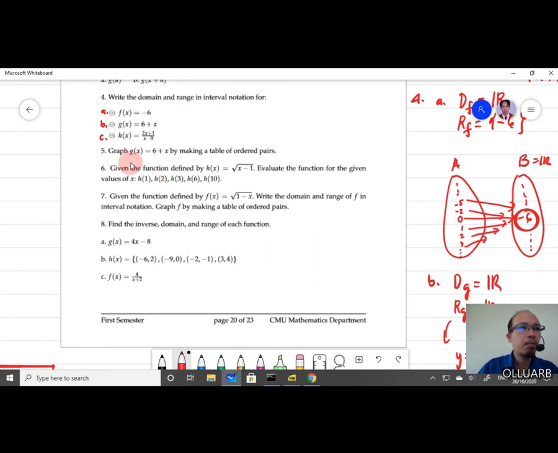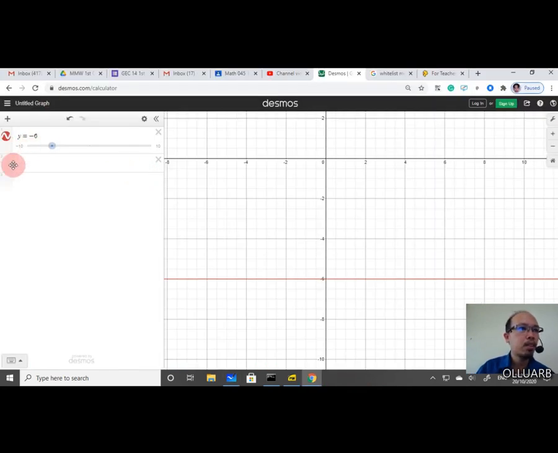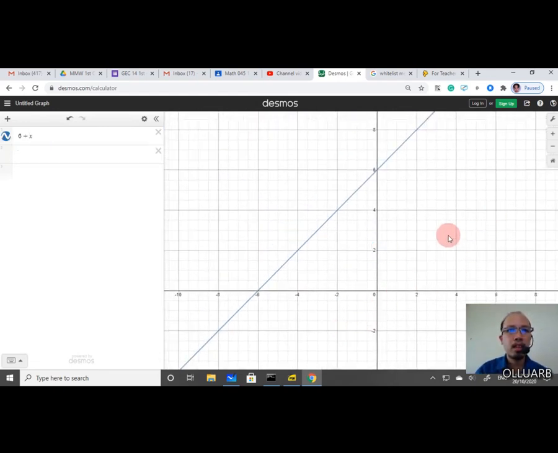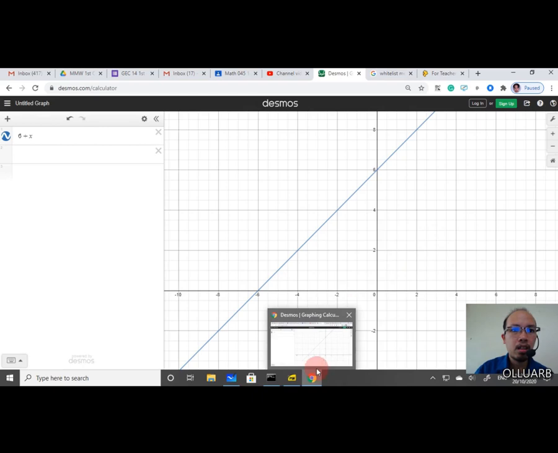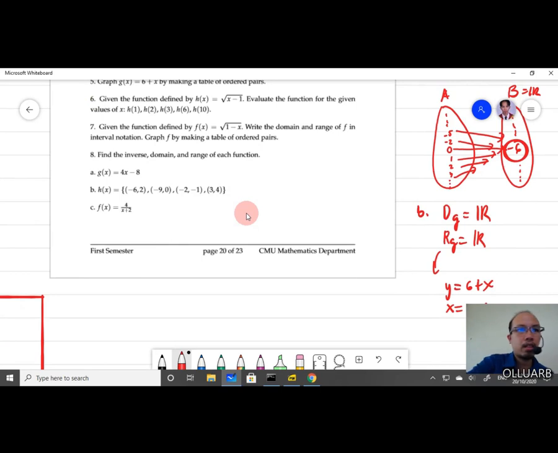So for problem number 5, we graph this by making a table of ordered pairs. The graph is very simple. If you look here, we have 6 plus x. So this is the graph. Just take a value, number 5, sorry.